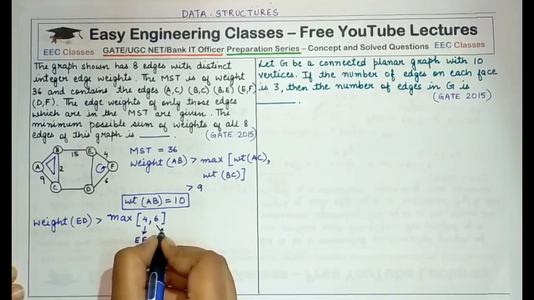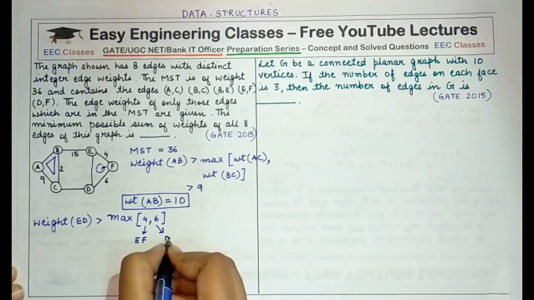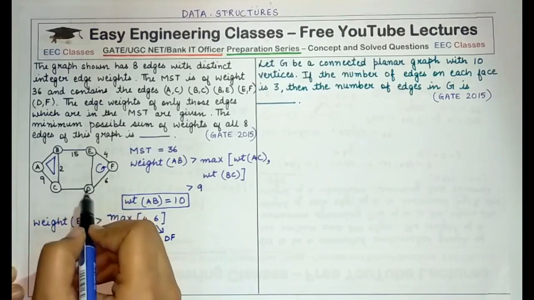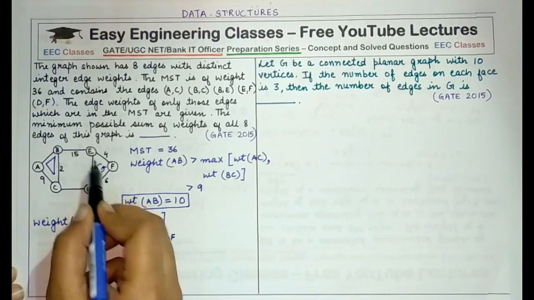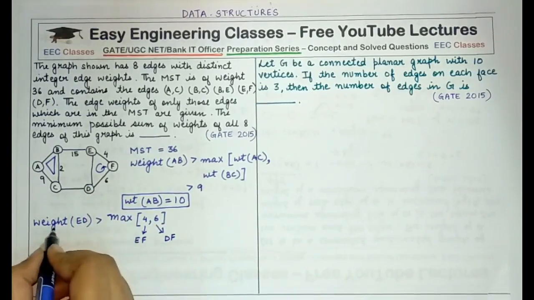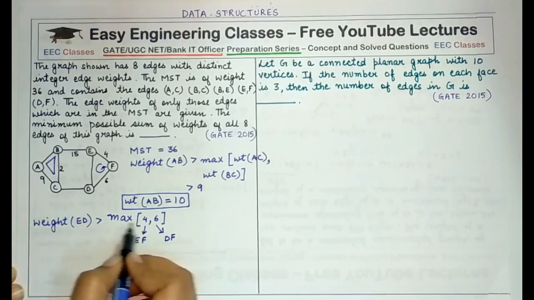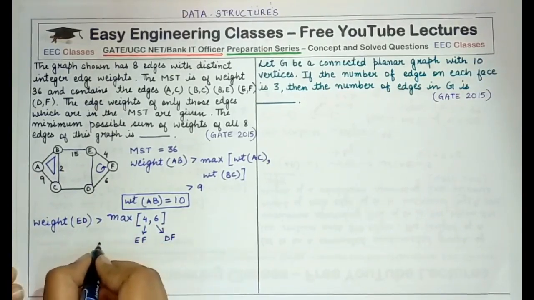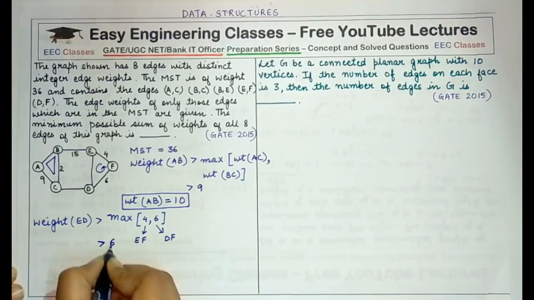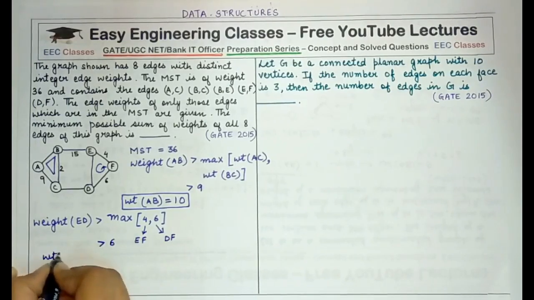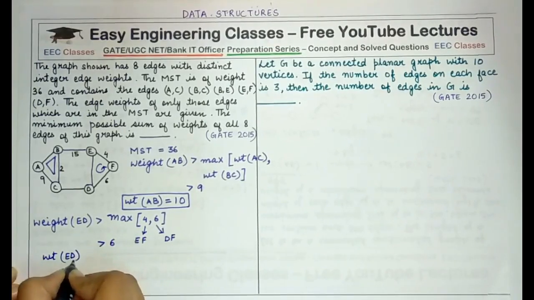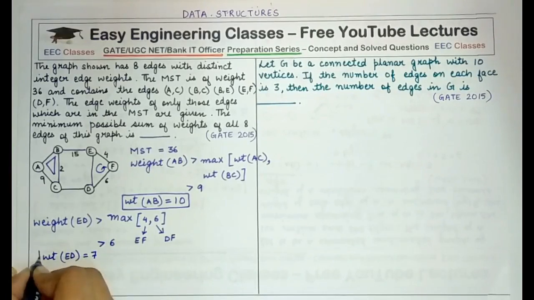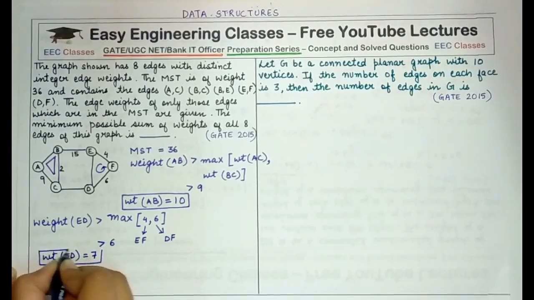So if these are the minimum edges out of the 3 edges ED, DF and EF, then definitely the weight of ED would have been greater than the max of the 2, which means this weight would have been greater than 6. Thus we can safely assume the weight of ED to be 7.